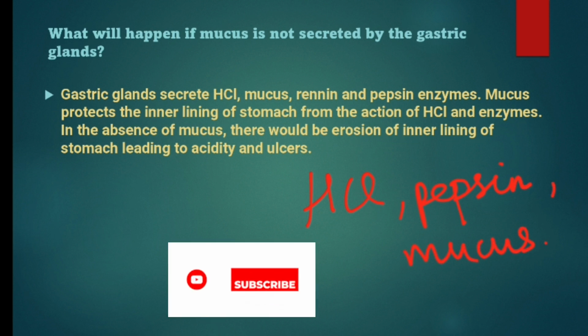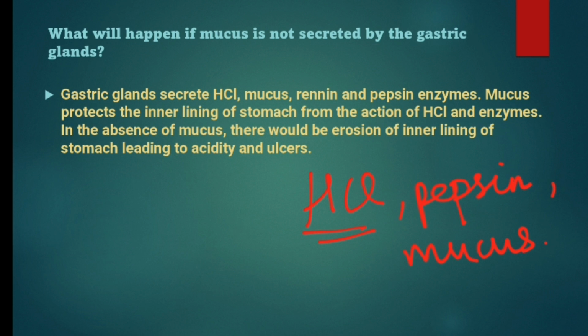This HCl is an acid which helps in the activation of the enzyme pepsin to break the proteins into peptones. This mucus helps in the protection of the walls of the stomach from the HCl corroding the inner lining of the stomach. This can lead to acidity and ulcers. So, in order to protect the walls of the stomach, mucus is secreted.